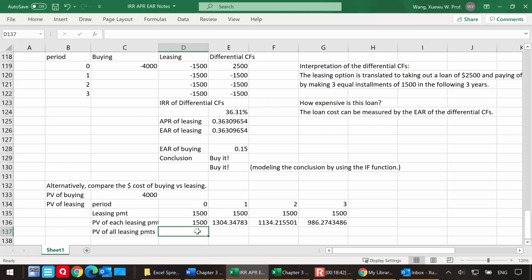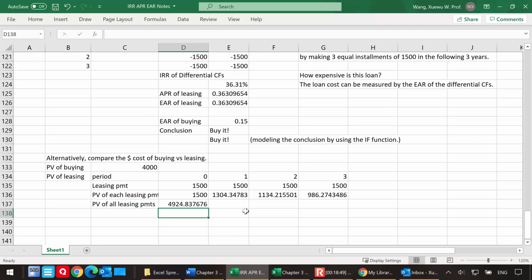So I'm just going to add up all these present values. And if I look at all this, that would be $4,924.84. So yes, present value of leasing is greater than present value of buying. So we actually arrive at the same conclusion. All right, it still makes sense for you to buy.